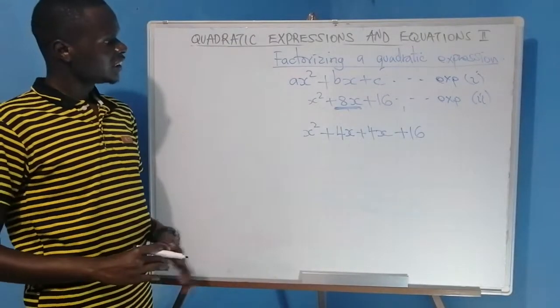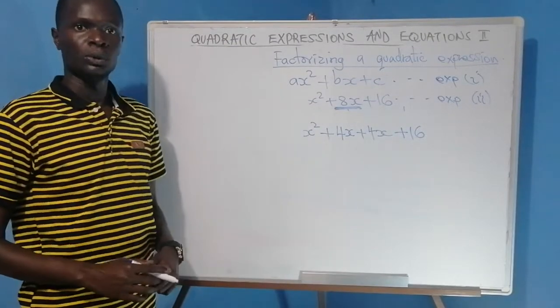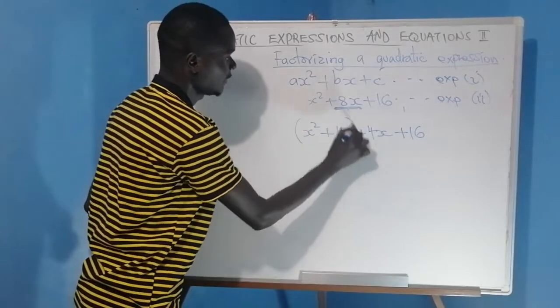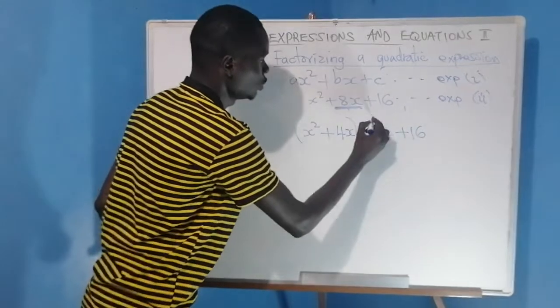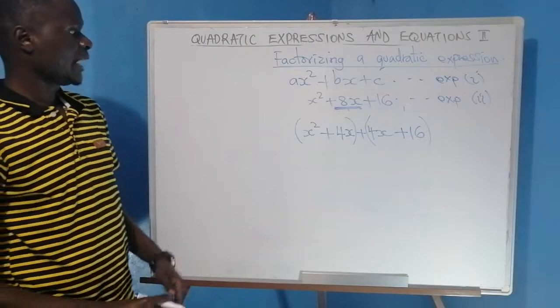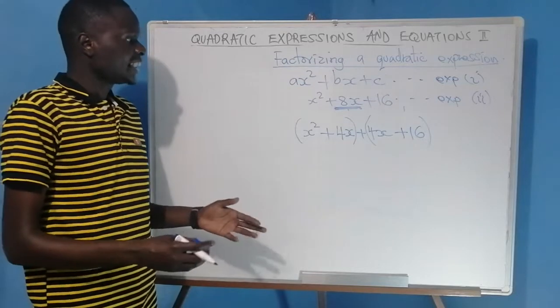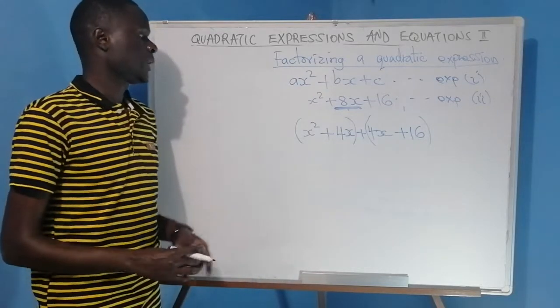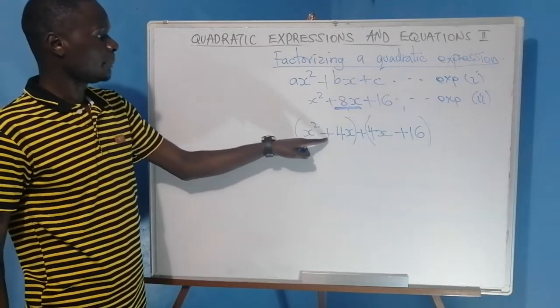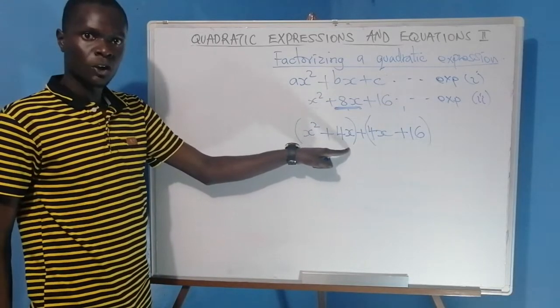At this point, now we pair them into 2. So 1, 2, we take that as a pair. 1, 2, we take that as a pair. Then we look at each pair. We see there is something which is common in both pairs. In the first pair, we realize that we have x squared plus 4x. What is common here?